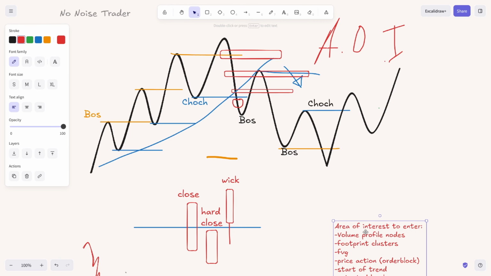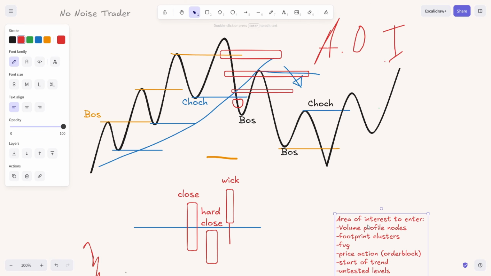It's a name I gave to the candle where the trend started, where the impulse started. So the first candle of that impulse. Why is that? Because that candle specifically is where those market orders and that participation and that aggressivity initiated. So it's very interesting.